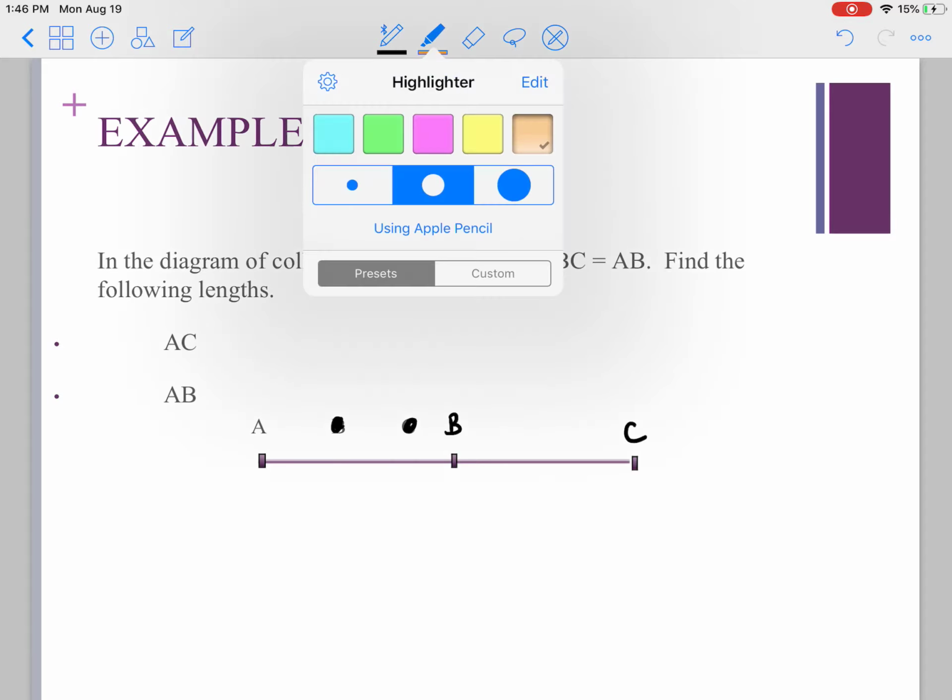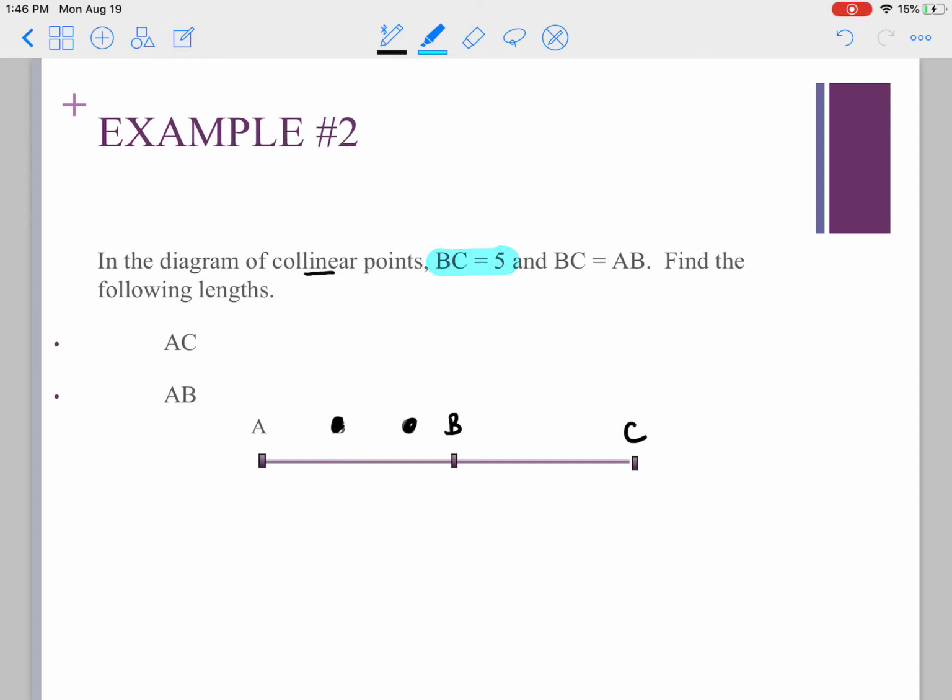We know that BC is equal to 5. Well, where's BC? We're dealing with this portion of the segment here, and we know that it is a distance of 5. Now, why can I use equal to? Because I'm dealing with a measure. That measure is 5.